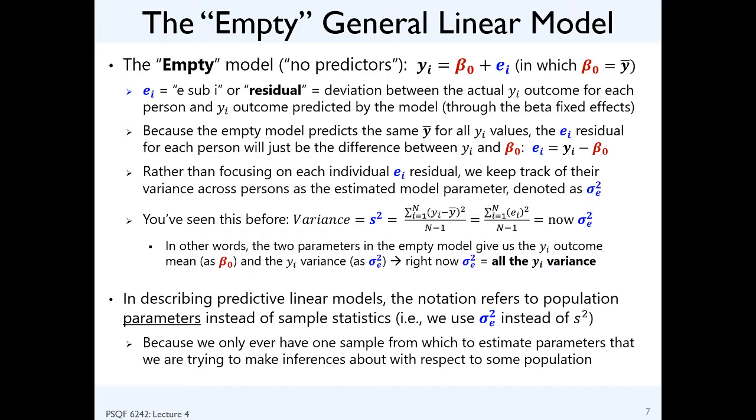So before we called this the sample variance, and we denoted it as s squared. New symbol, same definition, sigma squared sub e, the variance of the e residuals. And yes, we've switched to population notation.